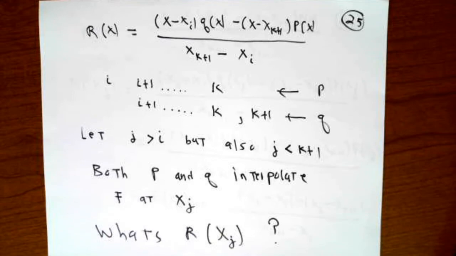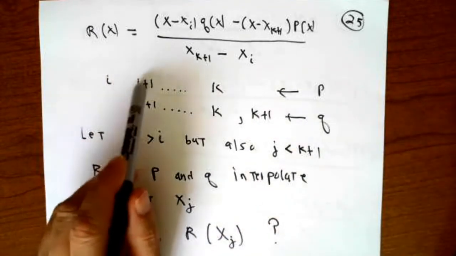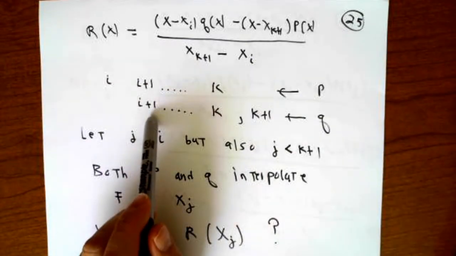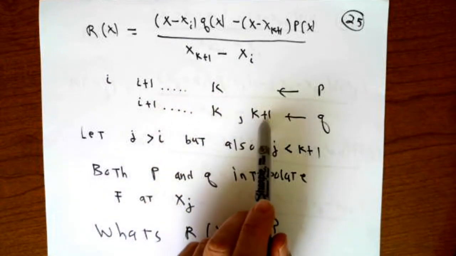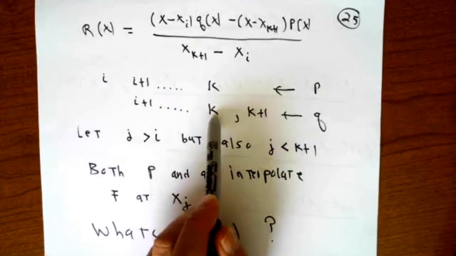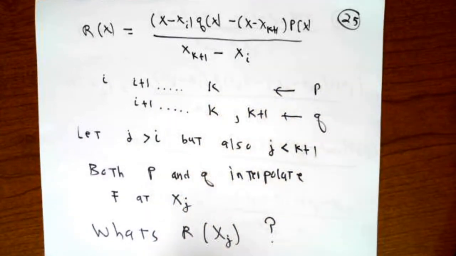P interpolates the function at x_{i+1} out to x_k. Q interpolates the function at x_{i+1} out to x_k, so including the x_k here, x_{k+1}, that is.